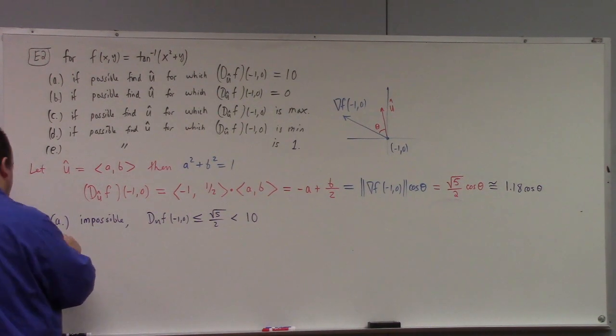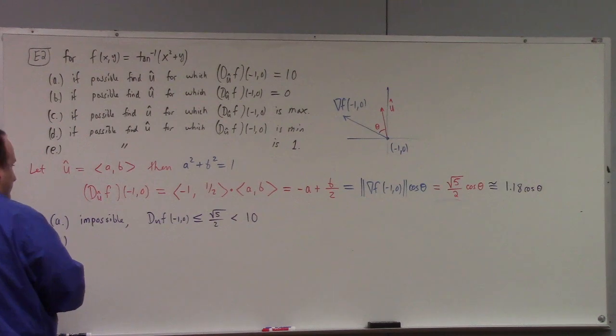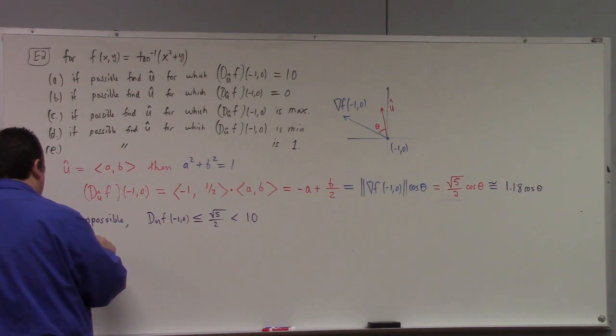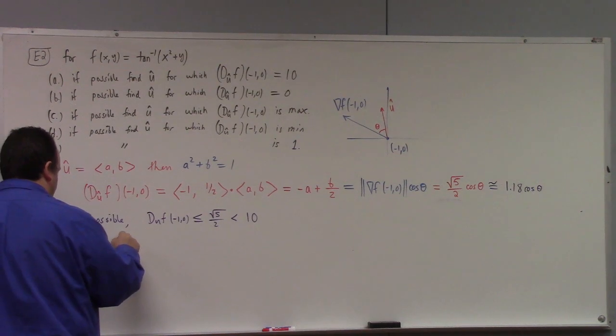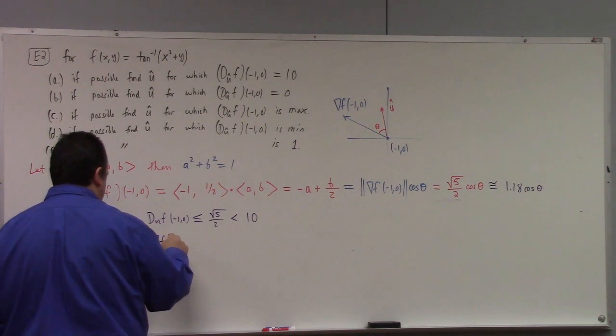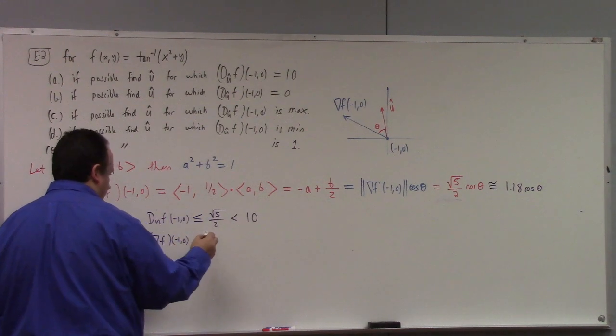How about B? We need the dot product to be 0 in that case, right? So what are my choices? We need to use U hat perpendicular to the gradient of f at the point (-1, 0).